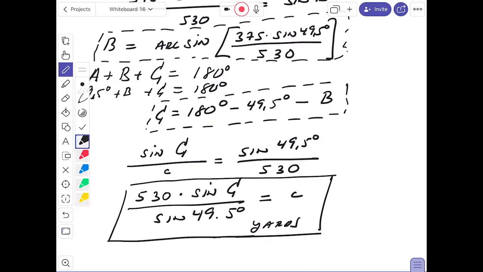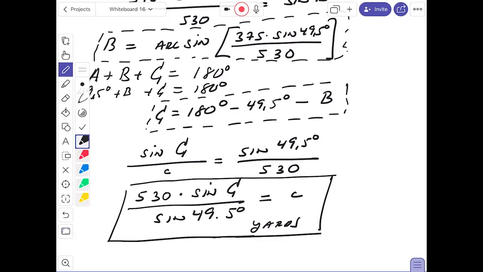I know what B is. I don't want to write it down, by the way, but if you want to, you can. I'm just going to write down the computation now. So I'm going to do C now, and that's going to be 49.5 plus that number, taken away from 180. Again, I know what that number is now. I know what C is, and I'm just using my calculator.